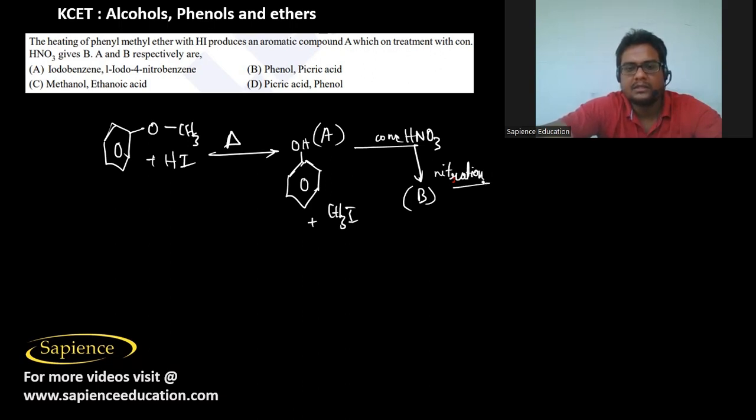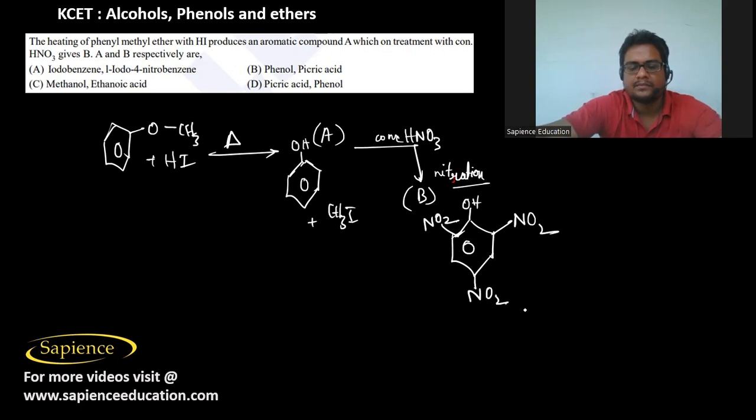It means that the nitro groups will be attached to the ortho and para positions. So here three NO2 groups will be attached, two in the ortho and one in the para position.